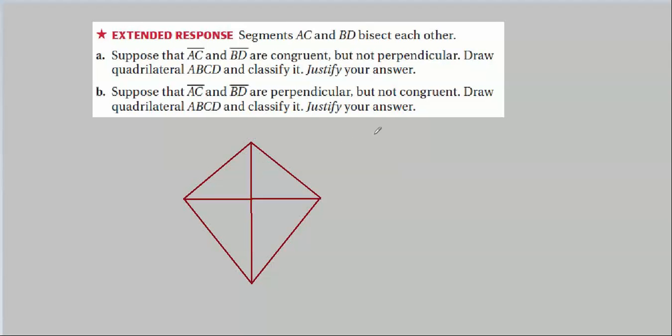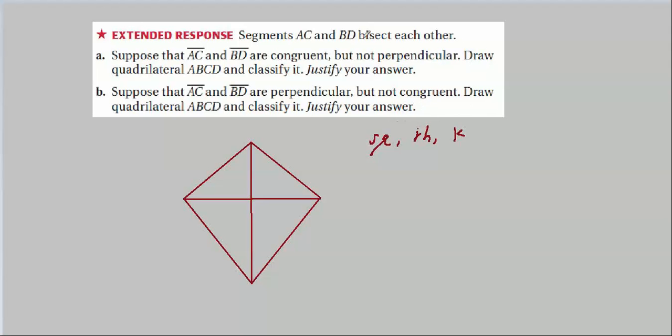That means square, rhombus, or kite. Now, for a square, the diagonals are congruent, so we can cross that out. That means we have a rhombus or a kite.